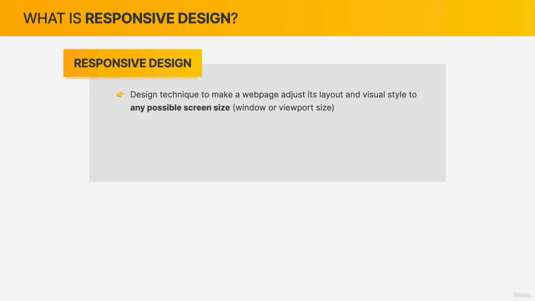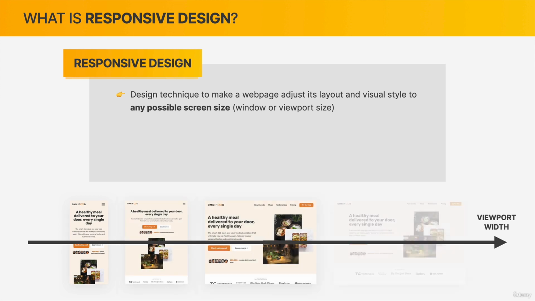So responsive design, or responsive web design, as it's been more traditionally called, is essentially a technique that we can use to make a web page adjust its layout and its visual style to any possible screen size. And with screen size, we don't just mean the entire screen of the device that it's been used to consume the page, but it might also just be the window or the viewport size of the browser.